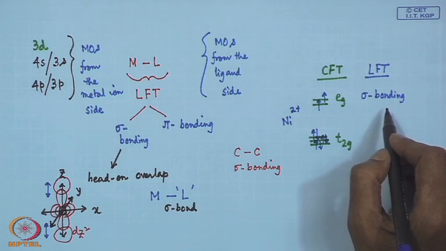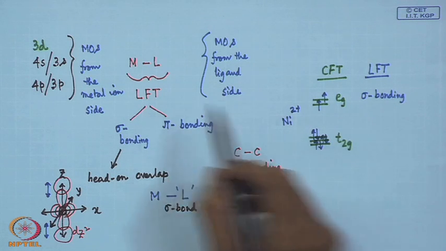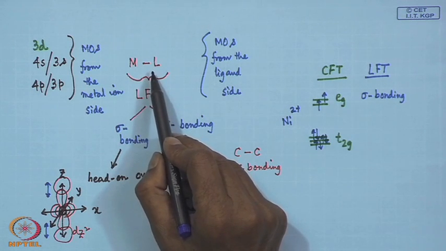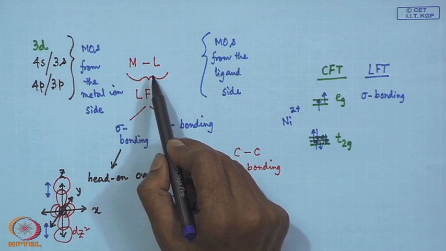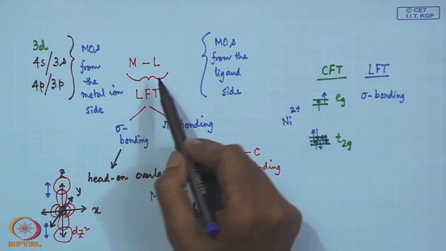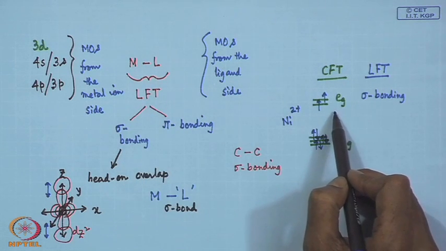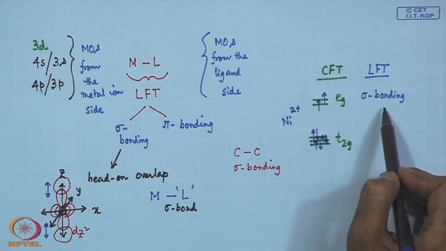As a result, if there is some metal ligand interaction and covalency, it can only be explained in terms of the involvement of the Eg orbitals for sigma bonding.